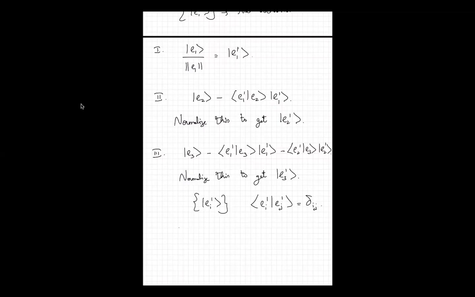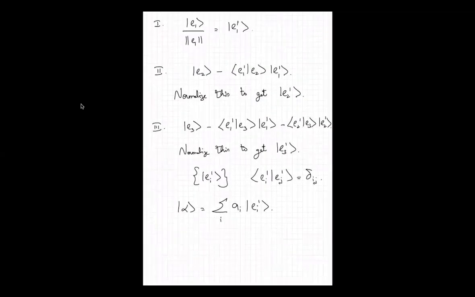And I can write any vector alpha in this basis as a sum over the basis vectors. This procedure of constructing a bunch of orthonormal vectors from vectors that are neither orthogonal nor normalized to unity is called Gram-Schmidt, named after two mathematicians, procedure.